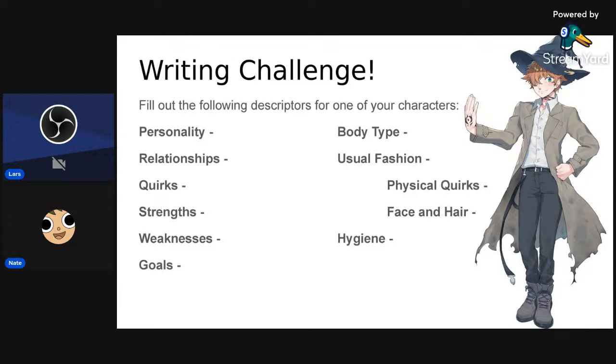Now then, as far as physical quirks go, he stuffs his hands in his pockets. Which, again, you would not normally see, especially for this kind of an image, because you want to see a little bit more of this guy. But he puts his hands into his pockets because that's where he's got items and whatnot that he can use to help him out with his magic.